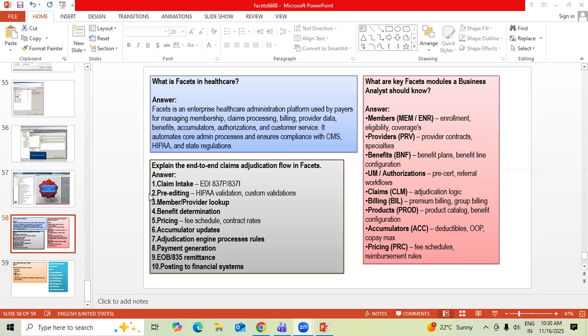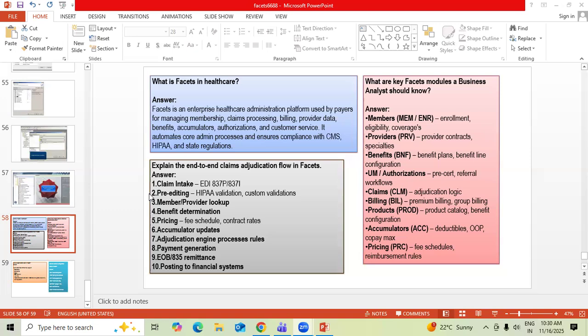A payer is nothing but an insurance company, or anyone who provides healthcare services or programs against the claims they receive. Claim submission, claim adjudication and claim settlements are done by them, so they want to manage the members who have applied for any health insurance or healthcare programs.